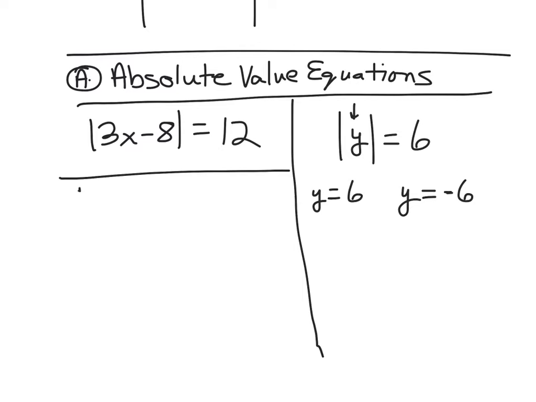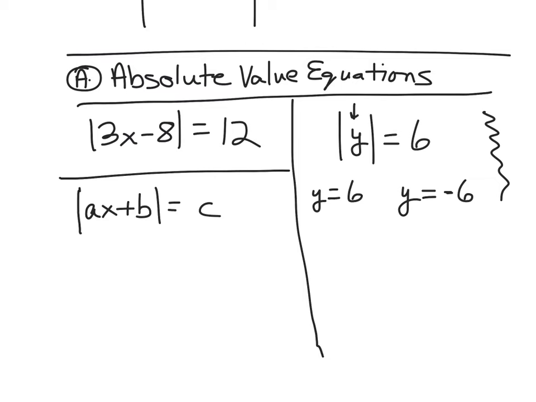Now, we're going to have equations like this today: the absolute value of ax plus b equal to c. So we're going after the model here now. Using the same logic as over here, just like if the absolute value of y was equal to 6, that means y could be 6 or it could be negative 6.